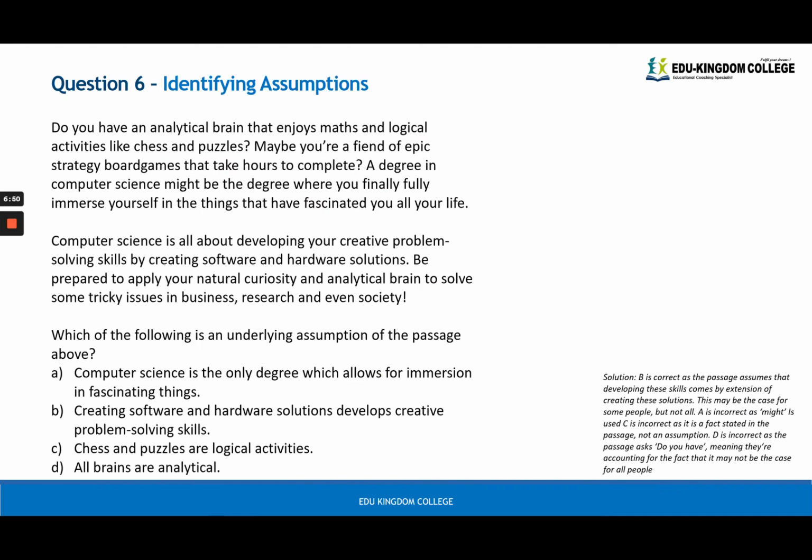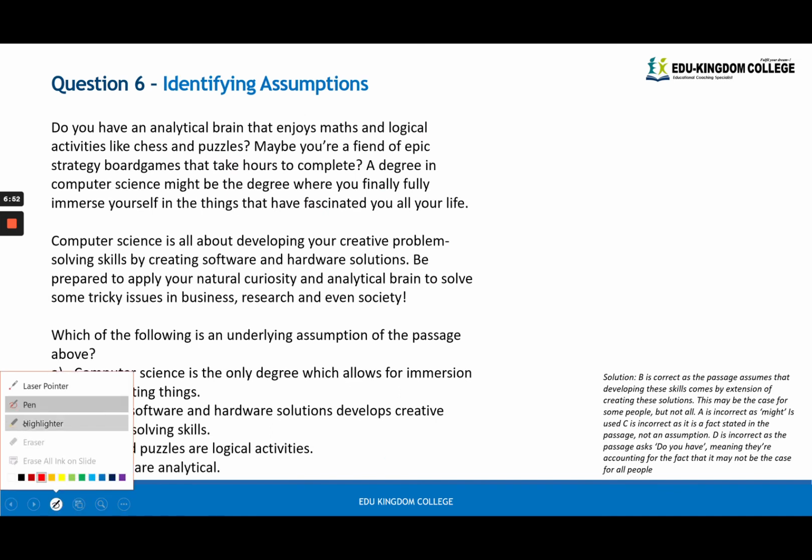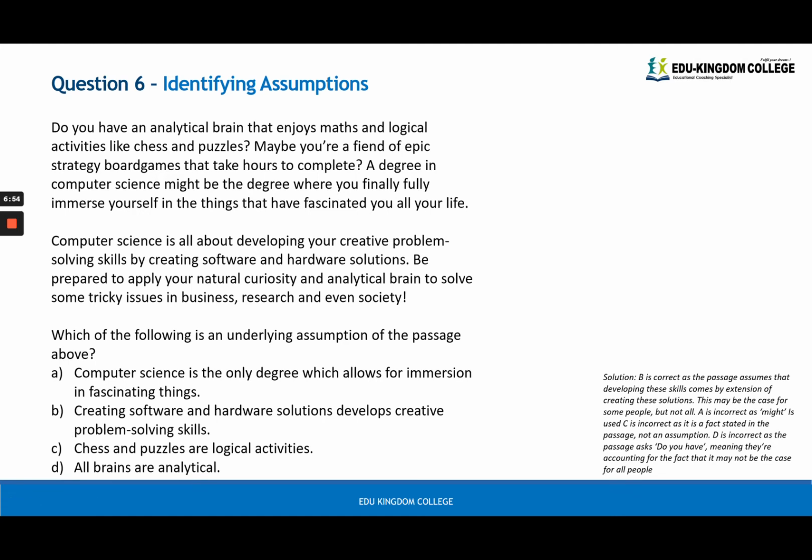Okay, number 6. Which of the following is an underlying assumption of the passage above? So we are talking about analytical brains and the degree of computer science. And it says it's all about developing your creative problem-solving skills by creating software and hardware solutions. Prepare to apply your natural curiosity and analytical brain to solve some tricky issues.